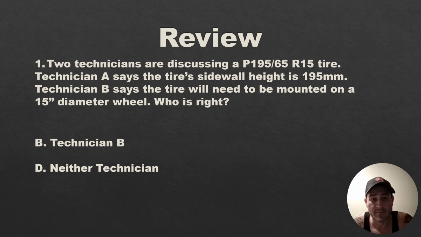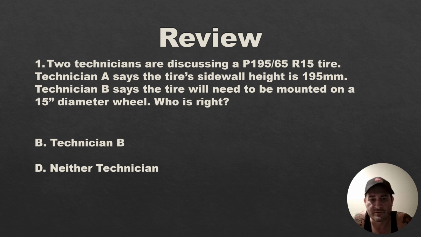So now let's read B. B says the tire will need to be mounted on a 15-inch diameter wheel. Well, we look up to the tire size again and we see that R15. Now the R does not stand for rim. A lot of people think it does. It stands for radial. It's a radial tire. But the 15 does stand for a 15-inch rim.